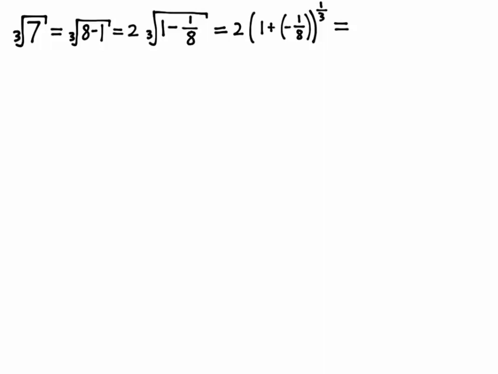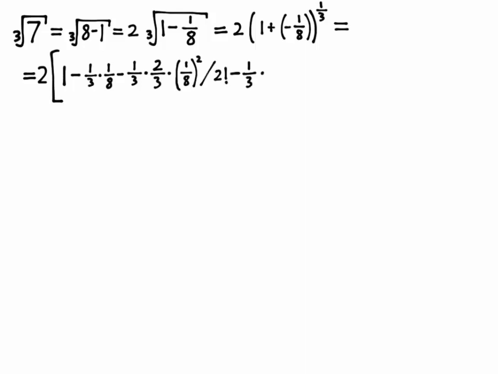Since n is 1/3, we're going to be multiplying by 1/3, and then 1/3 minus 1, and then 1/3 minus 1 minus 1, and so on. After the first, those are all negative numbers, and we're also multiplying by an extra factor of negative 1/8 each time.